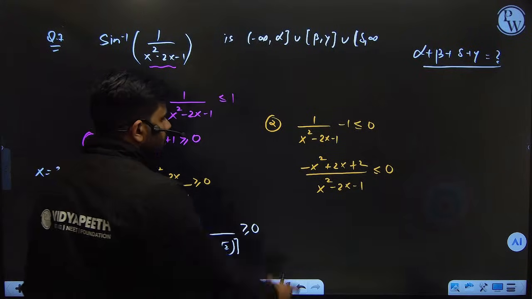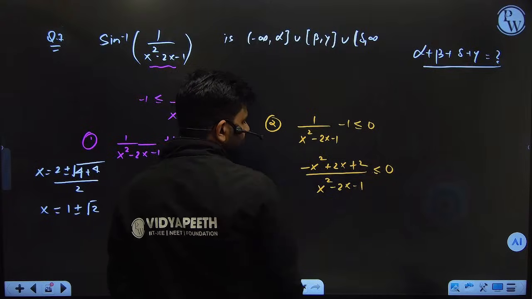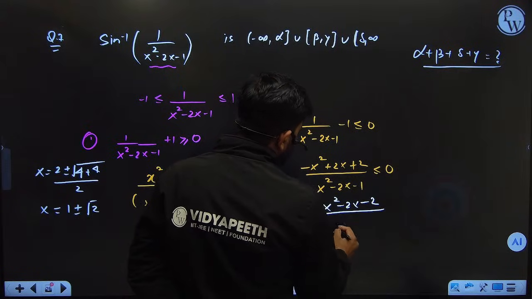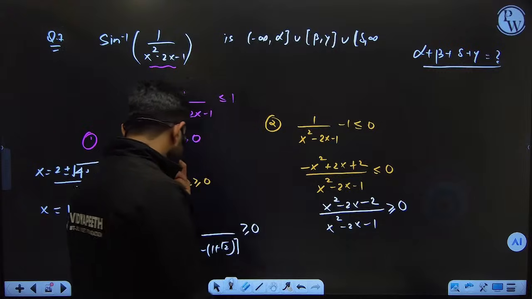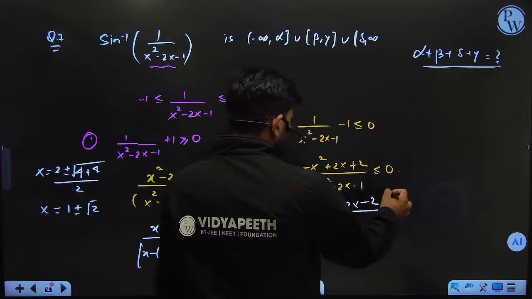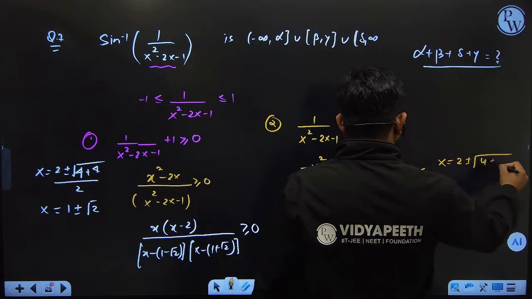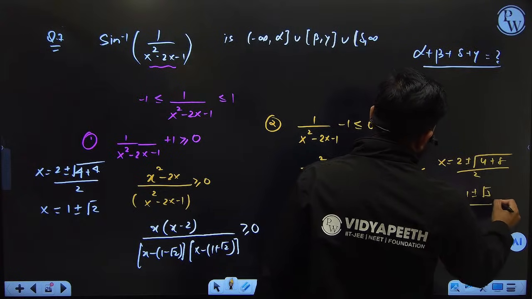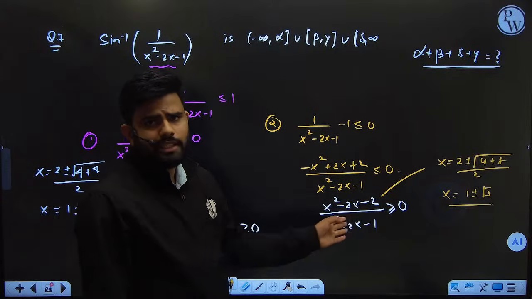And here, first multiply this equation by a negative sign, so x square minus 2x minus 2 over x square minus 2x minus 1 is greater than 0. Now if we calculate the roots of this one, it is plus 2, root of 4 plus 8, by 2, so this will be 1 plus minus root 3. And the denominator is the same, right?